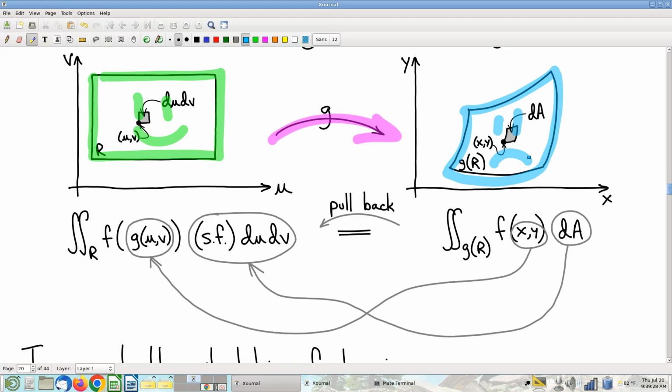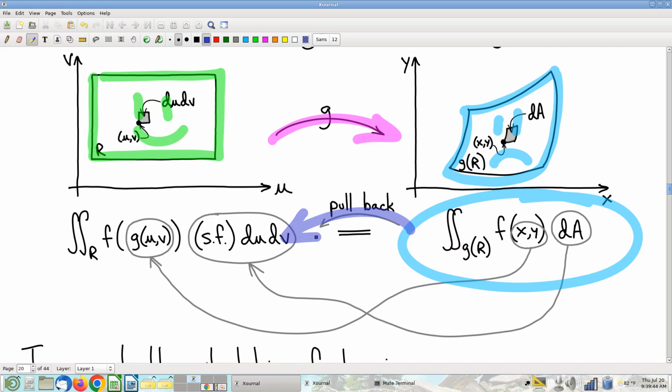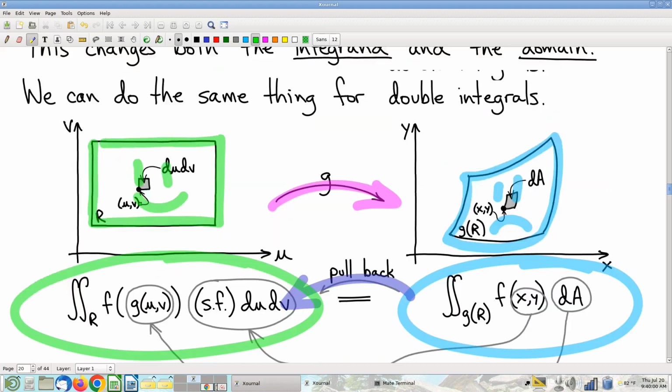So what I'd like to do now is consider this integral over here on the right side, over on the output side, this particular integral, and let's ask if we can do a pullback. Right, so the idea of a pullback, again, is that if you have an integral on an image in the target of a function g, we should be able to rewrite that as an integral happening over here in the domain, right? That's what happened over here.